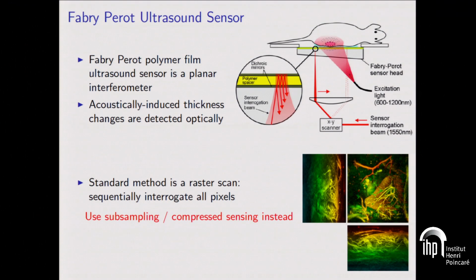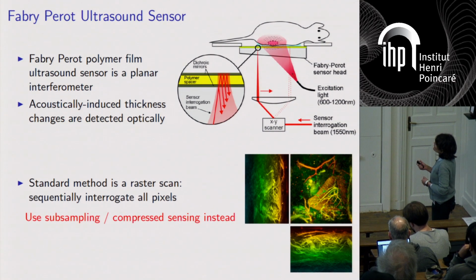Okay, so these are the operators that will be involved: the forward, the adjoint, and the inverse operator, and the data that we obtain are very high resolution. So this is the second part of the problem here, and this is due to the fact that we use this planar sensor, which is virtually an interferometer.